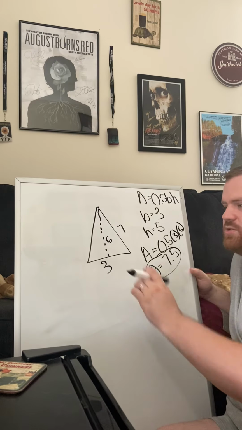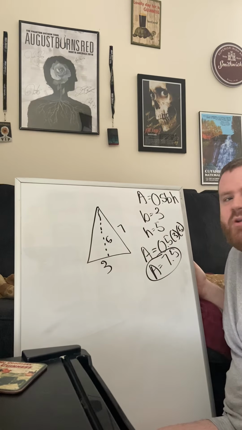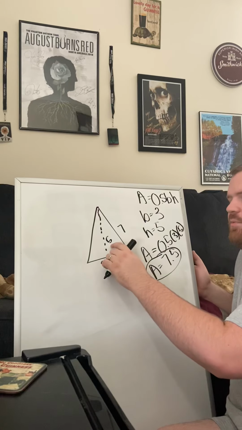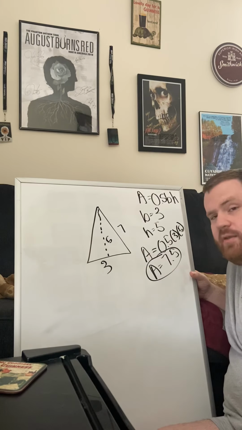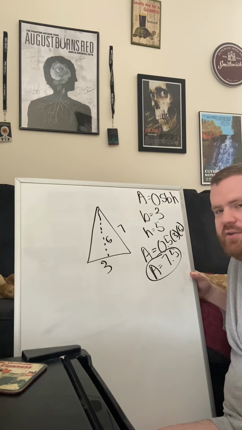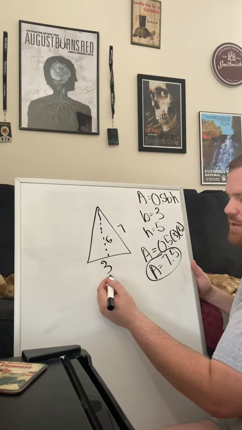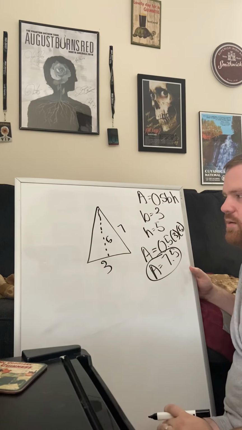Now, let's look at this triangle here. We want to find the perimeter of it, right? What number will we not use to find that perimeter? It'd be 5. We don't need to use 5. Why? Because 5 is on the inside of the triangle. Perimeter is everything on the outside. So I have 3 here, I have 7 here.